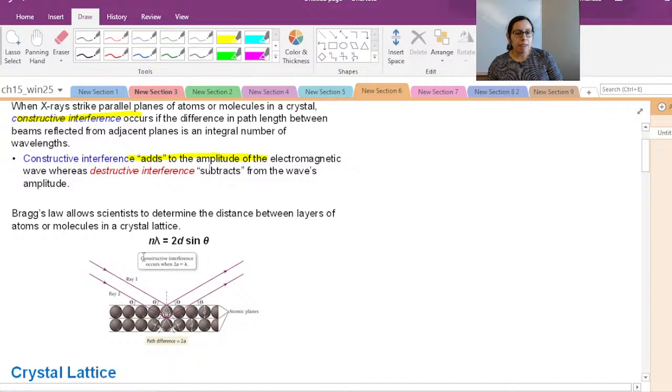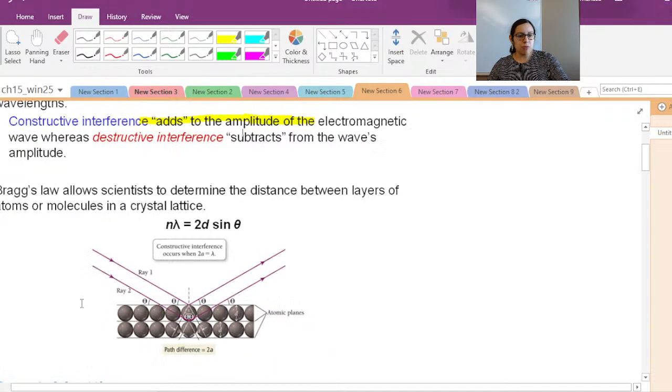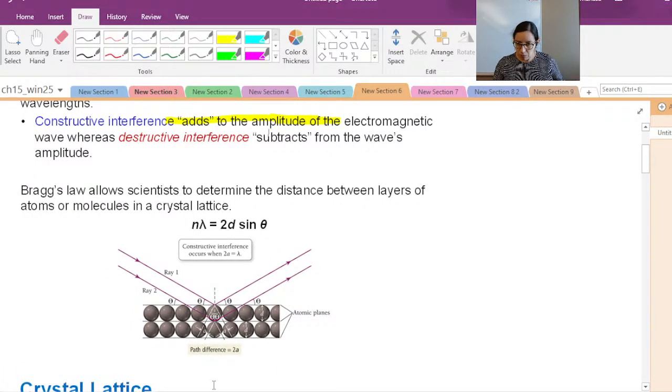This general formula, and honestly we won't do anything with it in class, shows that we have layers between atoms or molecules, and from the spacing between each layer they can calculate the wavelength, given n, d, and the sine of the angle you're hitting it at. Again, we're not going to use that.